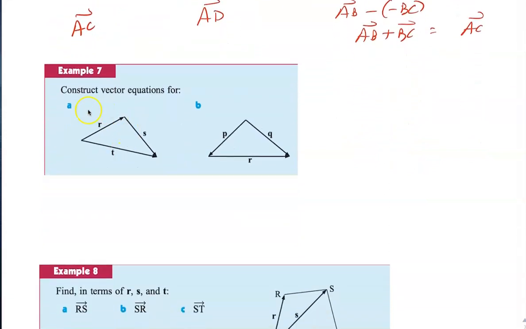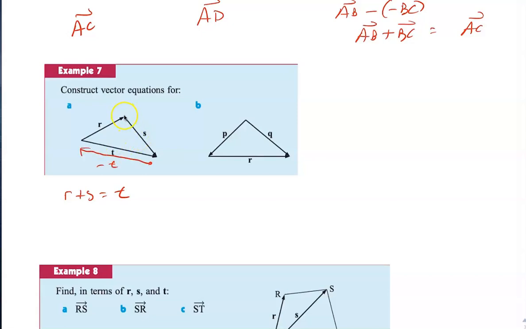With that in mind, they want you to construct vector equations using this. There's lots of ways to do this. If you start normally, find two that connect, that's what I would do. If I look at R here, I start at R, then I connect that to S. So R plus S would equal T. If you want to get more fancy, you can always look at a negative version of this. Let's say I flip T, so I get negative T. Now what connects?